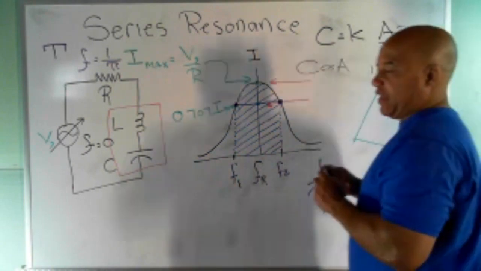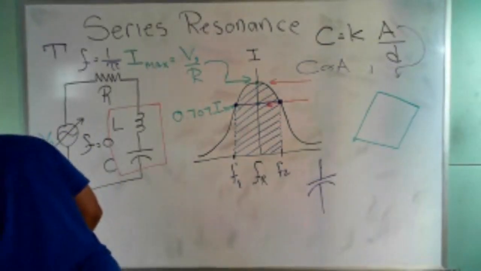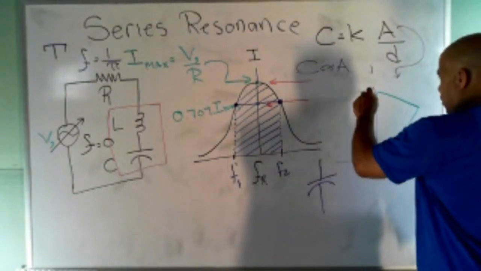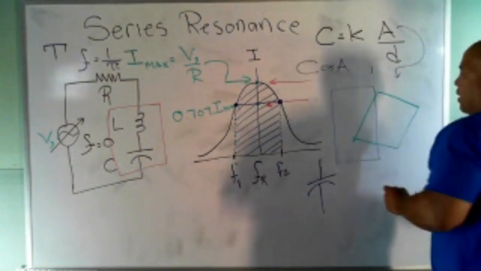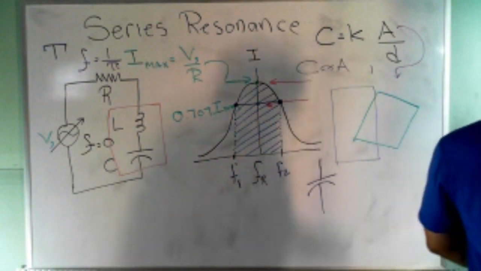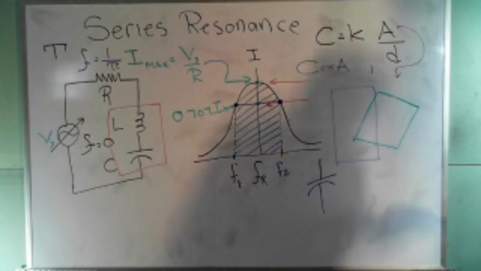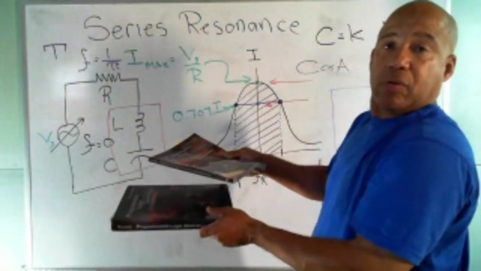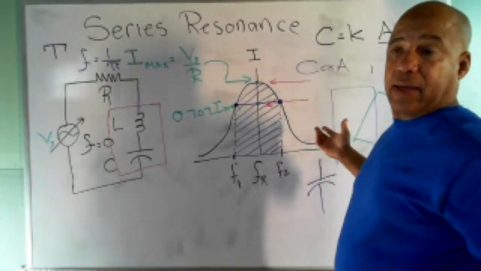And I have the other plate like this. So they're not completely over each other. I got one like that and one like that. What area would I use? What area would I put in the formula here to calculate?